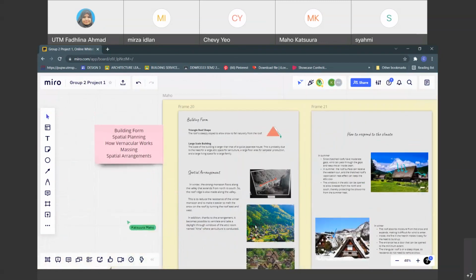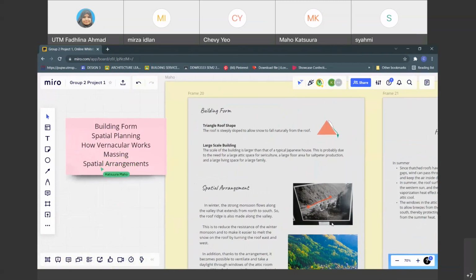Okay, Maho. I will explain about building form, spatial planning, and how vernacular works, massing, spatial arrangement. First, I will explain about building form. This building has a triangle roof shape, and the roof is deeply sloped to allow snow to fall naturally from the roof.